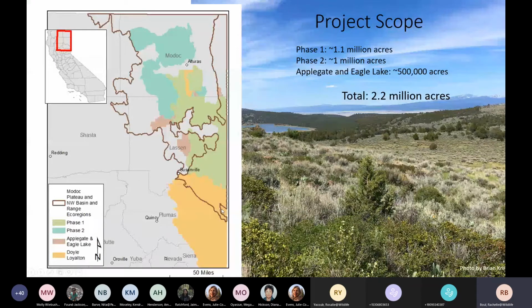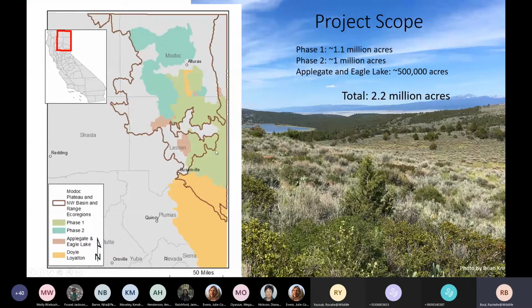These ecoregions cover about 4.8 million acres, which is about 5% of the state. The project areas in green, teal, and pink cover approximately 47% of the Modoc Plateau ecoregion, which is this larger one here, and then about 37% of the Northwest Basin and Range ecoregion, which is further east.